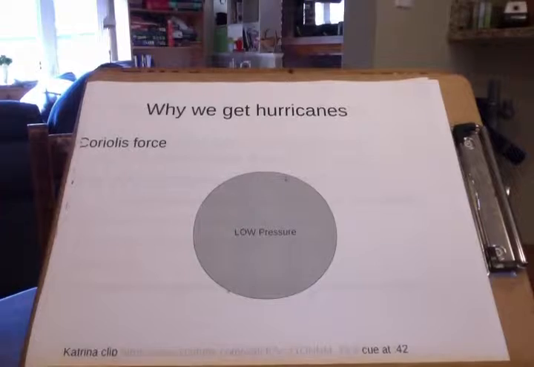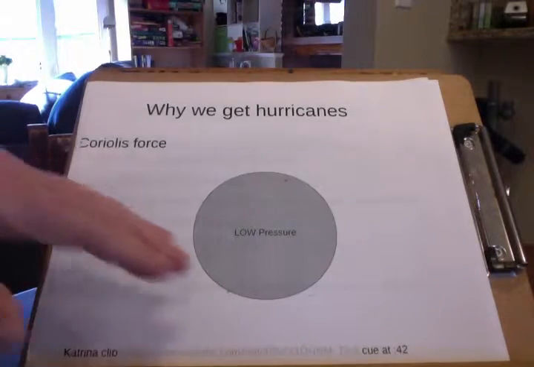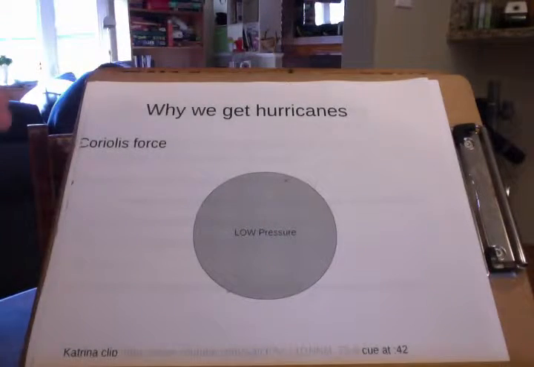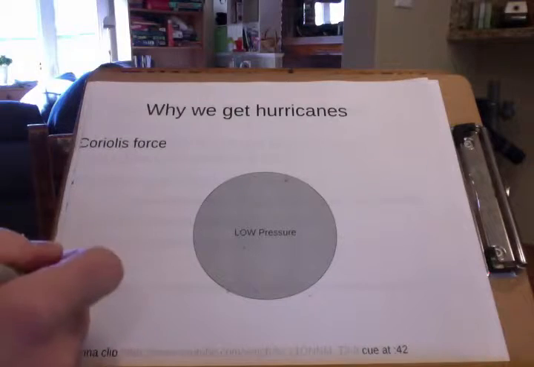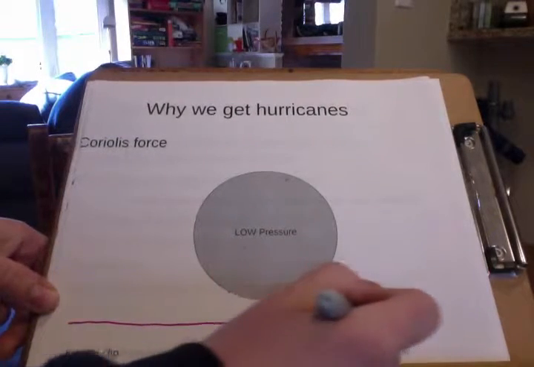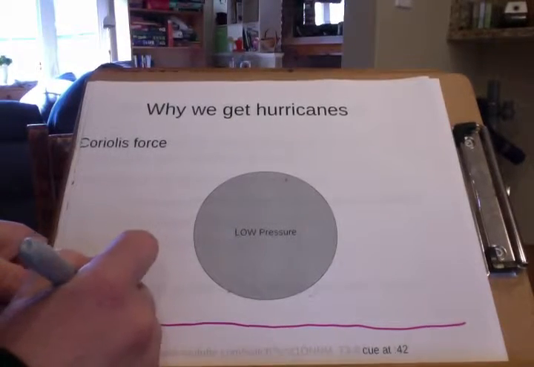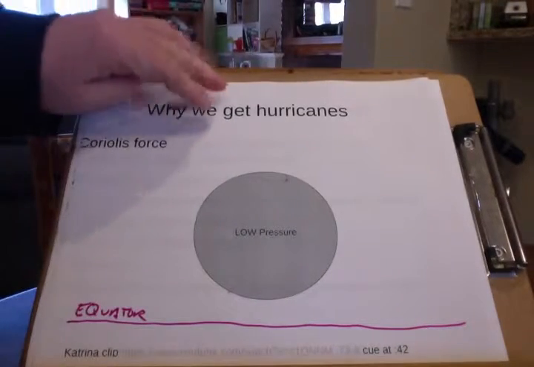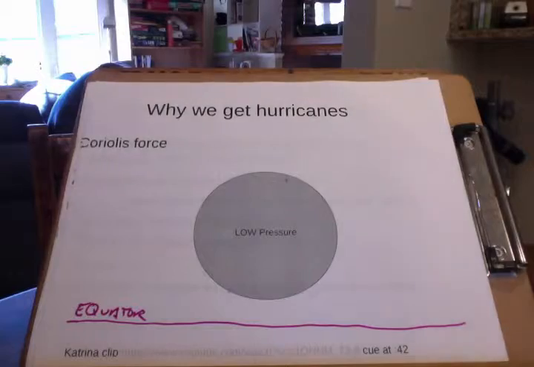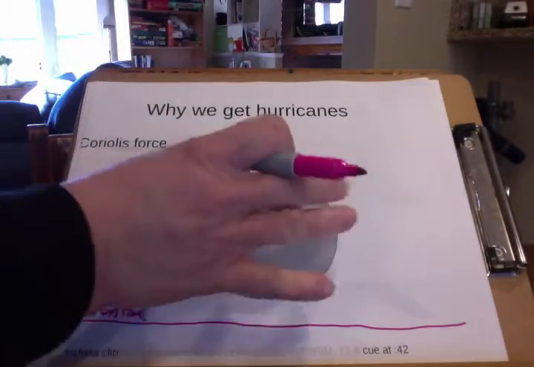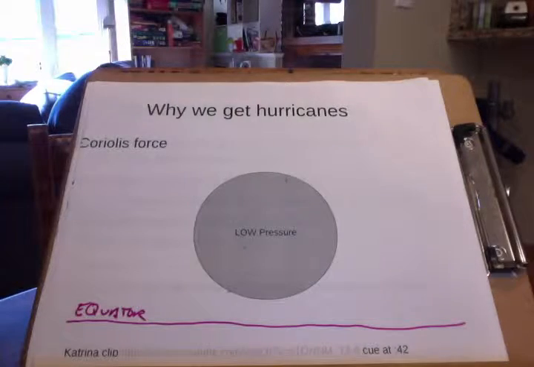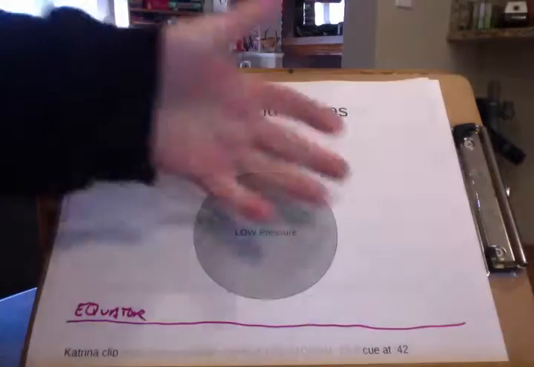All right, so let's see what's happening here. Here you are, north of the equator. I'm going to put the equator down here. Florida's up here somewhere. Caribbean islands. A low pressure area of air happens.